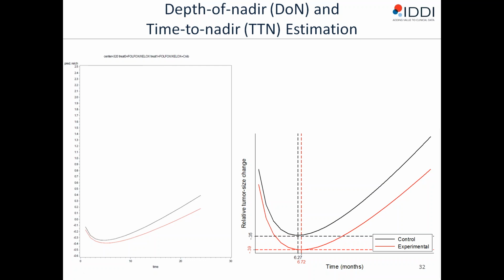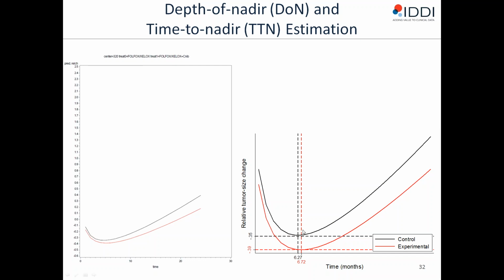If you assume that the rate of change for the two is comparable, then the earlier the nadir is reached, the less deep the nadir will be, and therefore the smaller the change versus baseline, and the less efficacious the treatment is in bringing about shrinkage of the tumor.